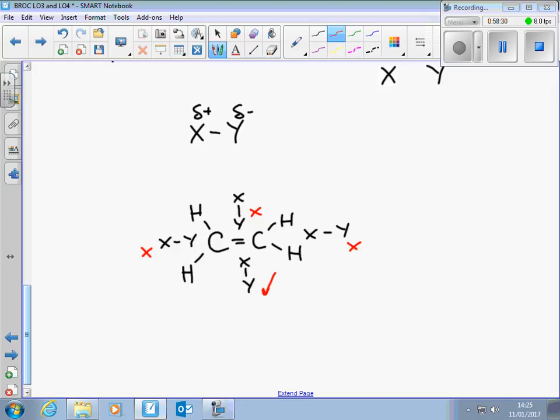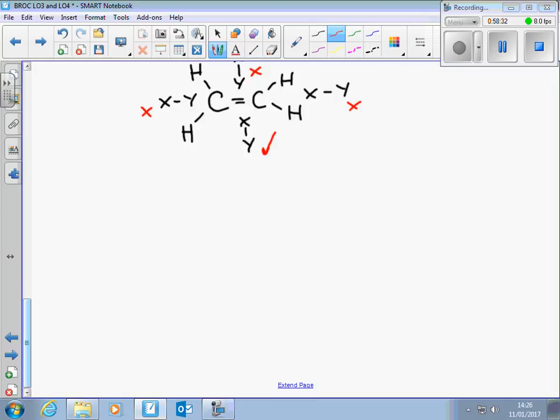I'm not going to do it like that, but the effect is such that here is our carbon with its single bonded sigma pair in the middle. What is drawn on here is a very light impression of where you could find the electrons there, but there's a much greater chance of finding them here.